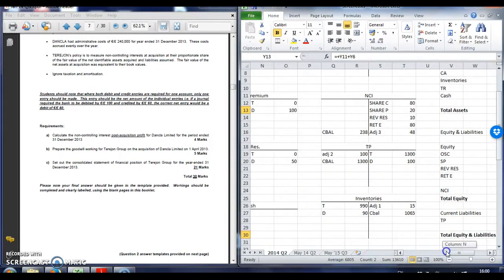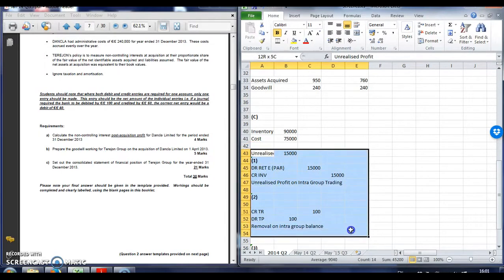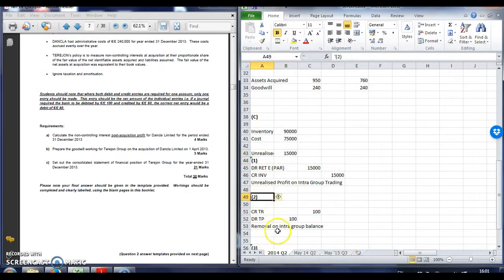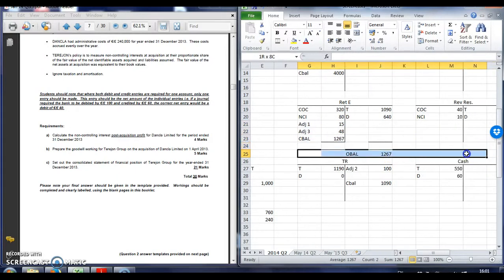Now, some people may prefer the column method, but I think from the perspective of keeping your adjustments separate and itemizing them 1, 2, 3 as adjustments and bringing them in then to T-accounts, it's a lot cleaner both for you in the exam setting and also then to let the examiner follow how you're doing it.